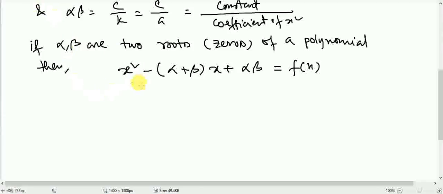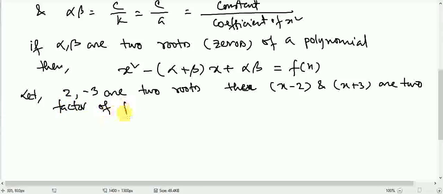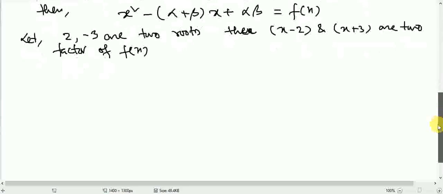Okay, for example, let 2 and minus 3 be two roots, then x minus 2 and x plus 3 are two factors of that polynomial function fx.